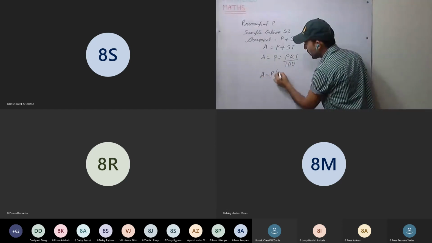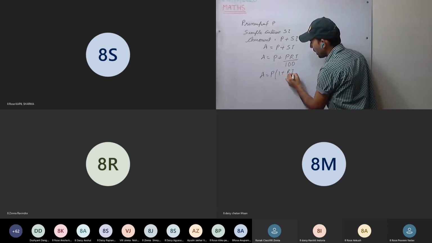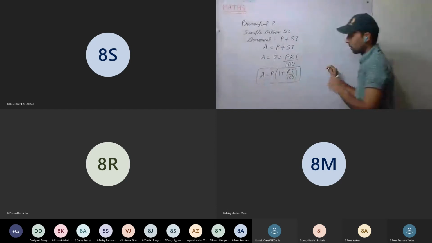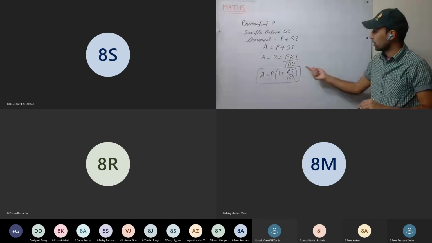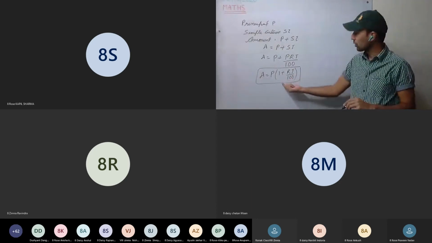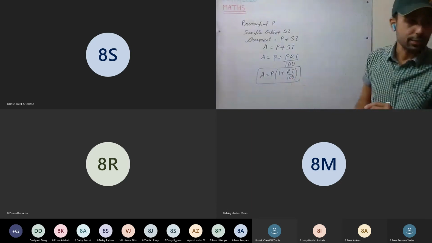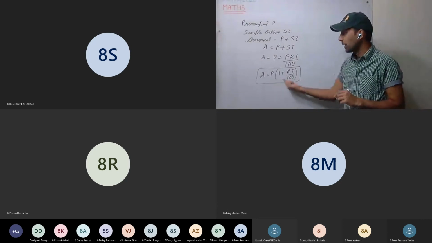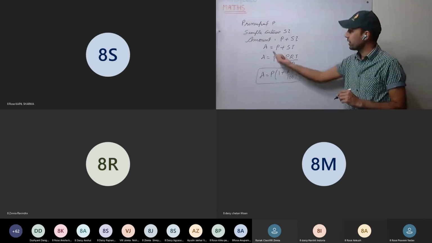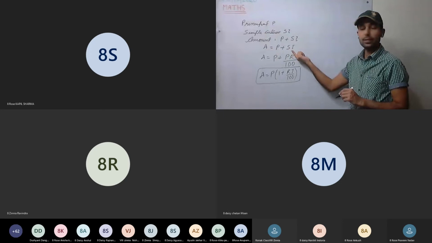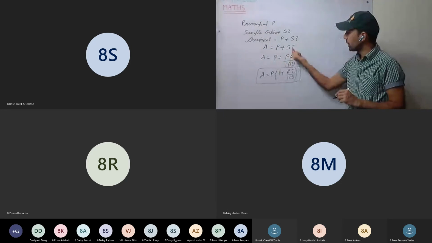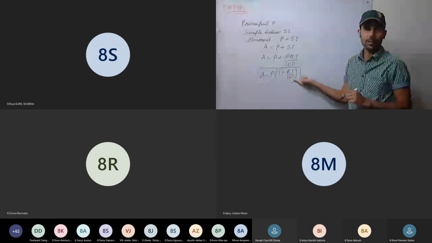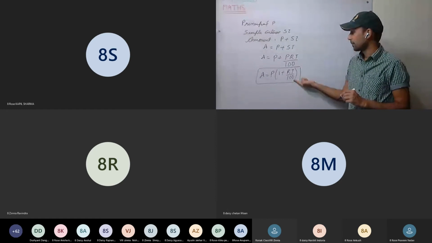Amount equals P into 1 plus RT upon 100. Is this formula clear? After around the 9th or 10th question, we'll be using this formula. I think in the 10th question. How is it derived? A equals principal plus simple interest, A equals P plus PRT upon 100, and A equals this much. This is clear to everyone.